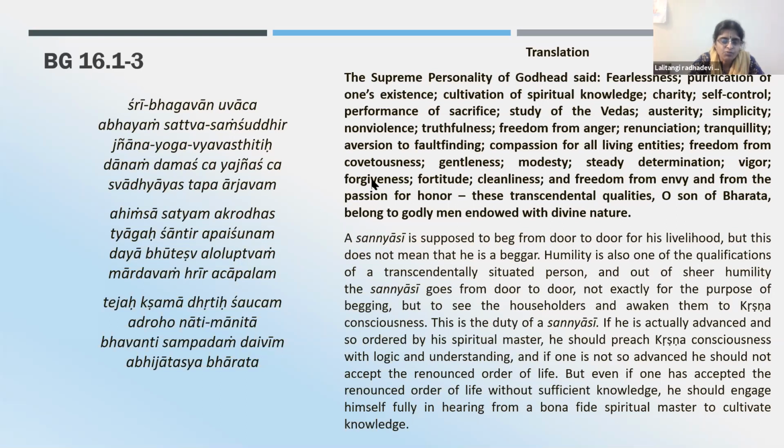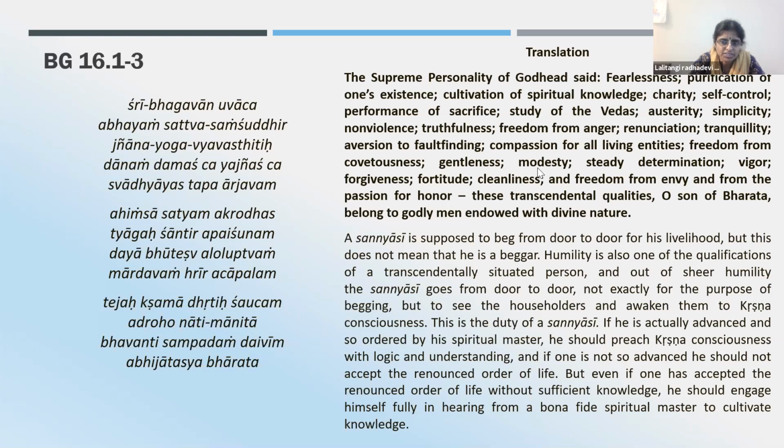Apaishunam, aversion to fault finding. Daya, compassion for all living entities. Daya bhuteshu. Aloluptvam, freedom from covetousness, means trying to cheat, having an agenda. Mardhavam, gentleness. Hrir achapalam is modesty. Tejaha, steady determination, vigor.